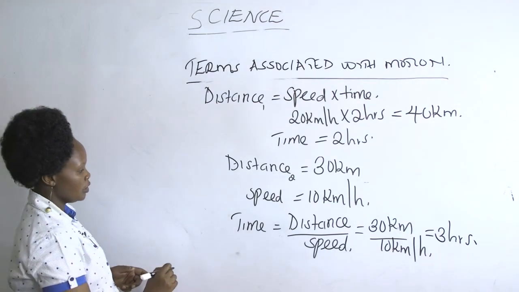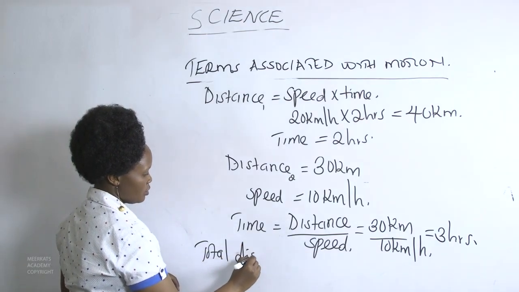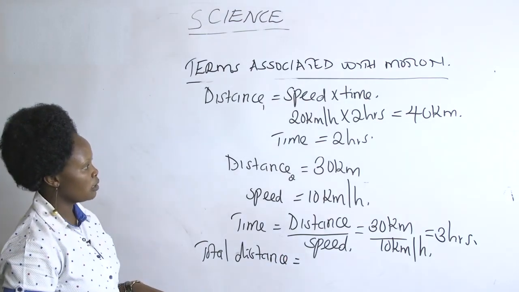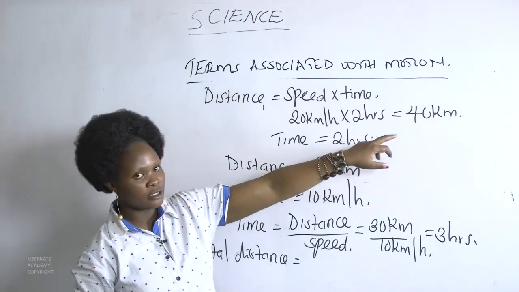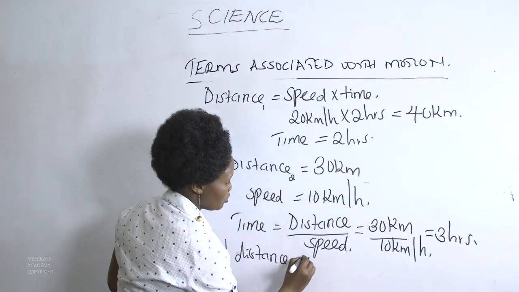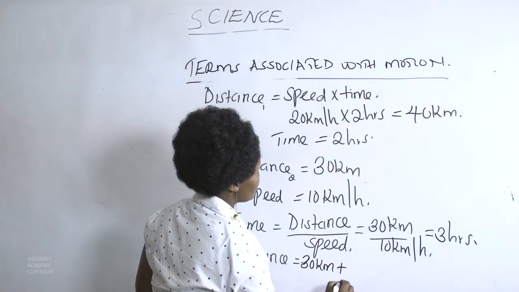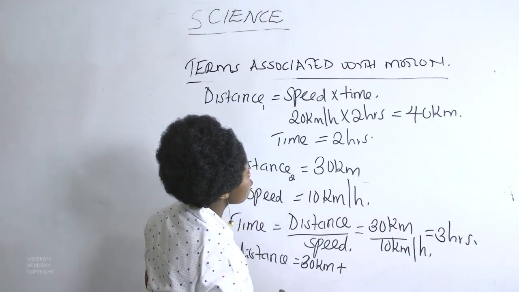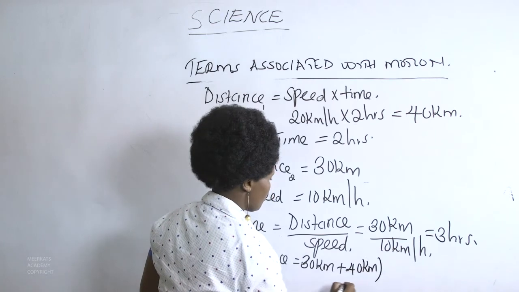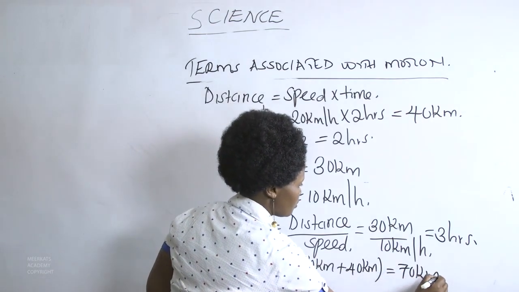Now, total distance will be the first distance added to the second one, which will be 30 kilometers plus 40, giving us a total of 70 kilometers.